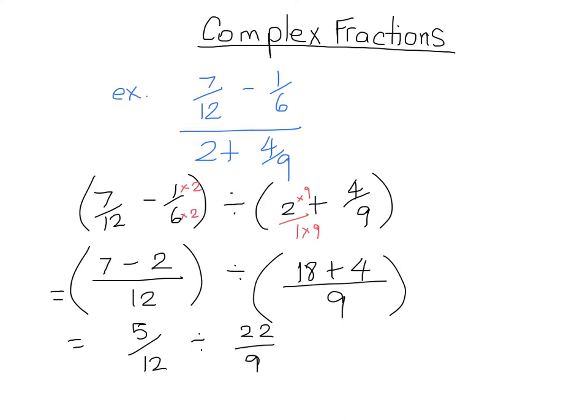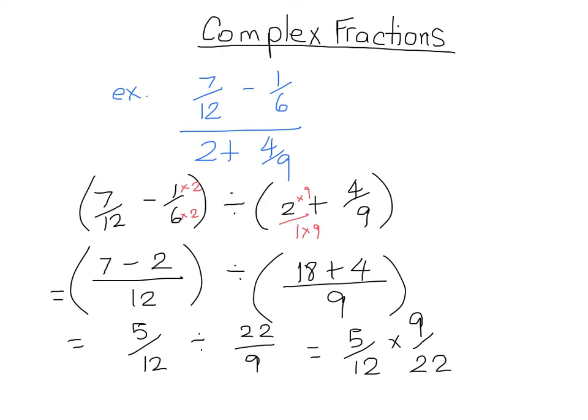When you're dividing fractions, all we have to do is multiply by the reciprocal of the second value. So we have to multiply by, flip this fraction, and we get 9 over 22. So that is actually 5 over 12 multiplied by, now we can flip the second fraction, 9 over 22.